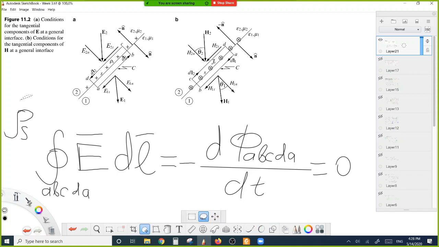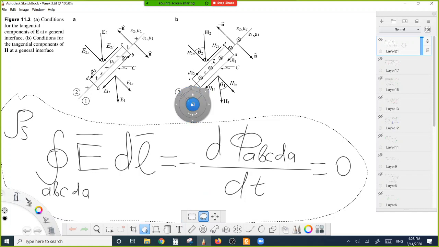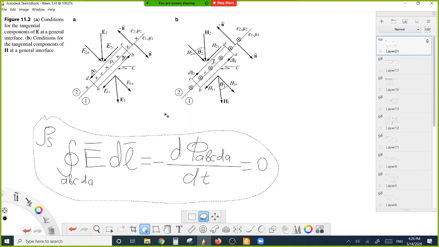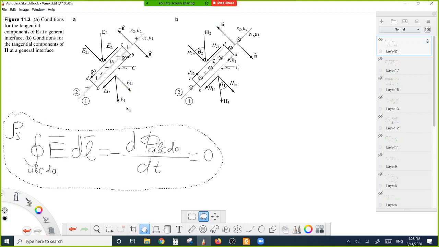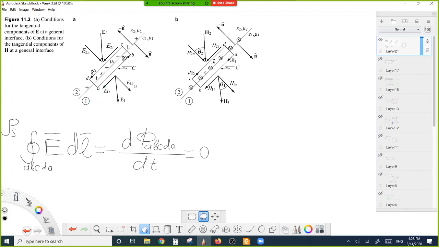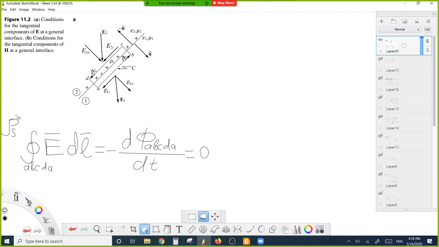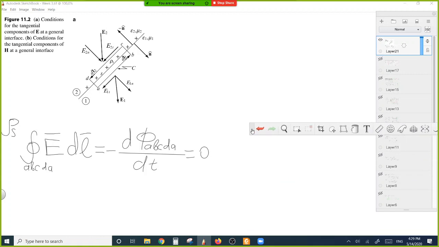First of all, let me scale down this figure, and for now we don't need this part of it.